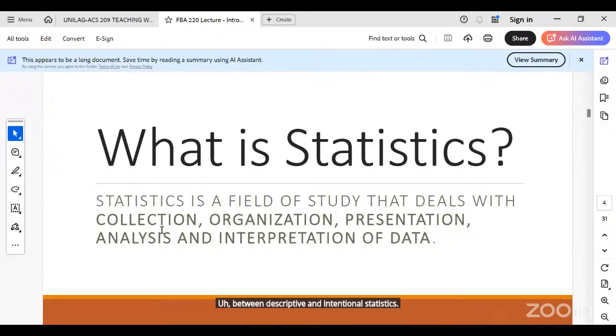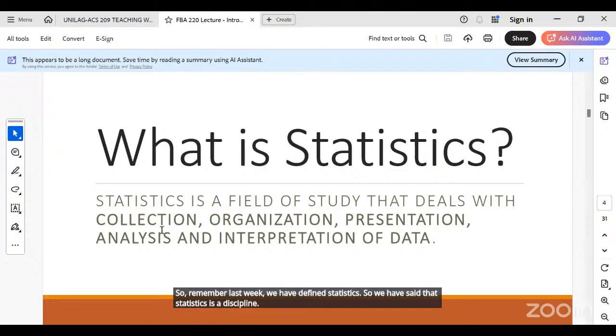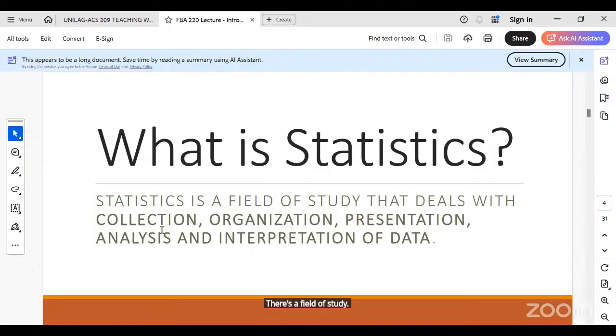So remember last week, we have defined statistics. We have said that statistics is a discipline, a field of study that deals with knowledge of data collection, data organization, presentation, analysis, and interpretation.